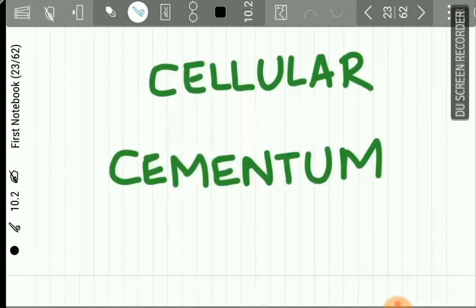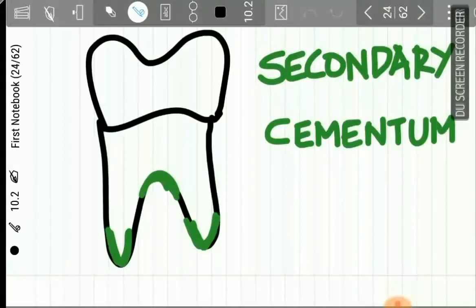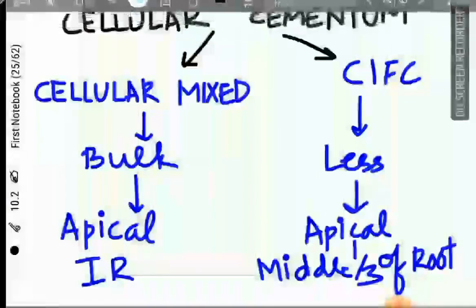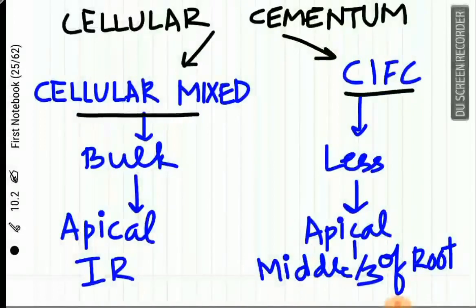Now, what is the cellular cementum? The cellular cementum is called secondary cementum because it is formed later, and it is mainly present in the apical 1/3 area of the root. Then this cellular cementum is of two types: cellular mixed fiber cementum and cellular intrinsic fiber cementum.